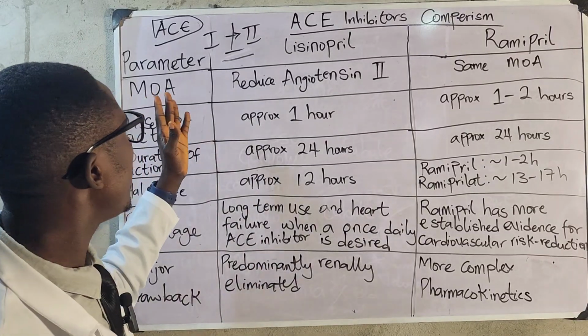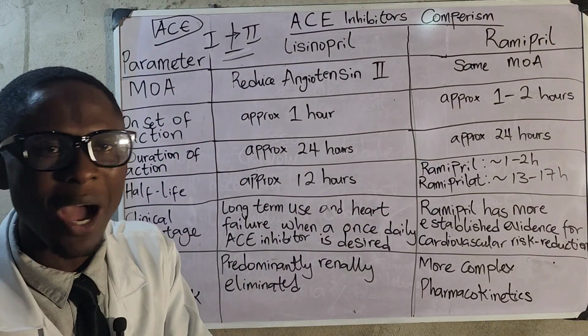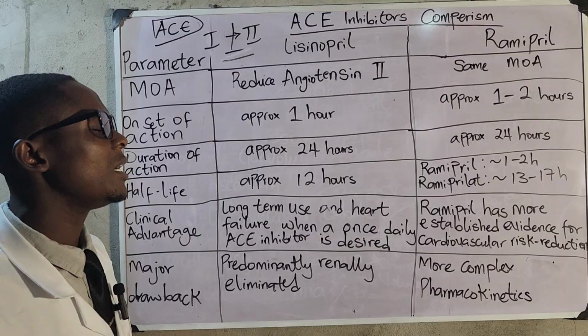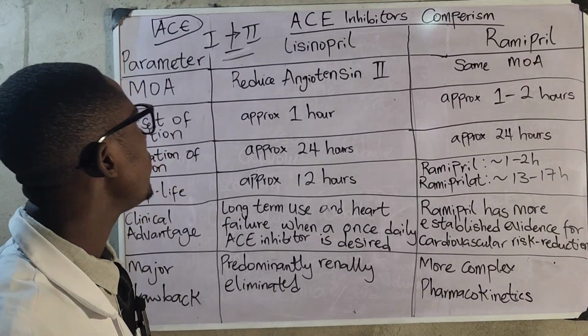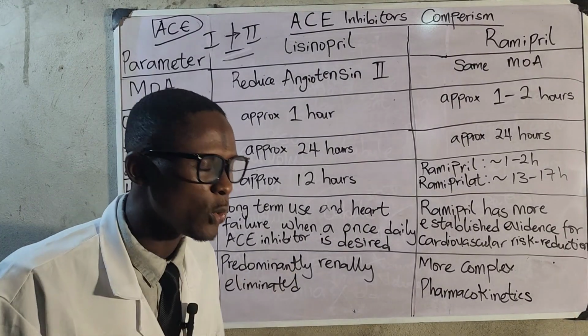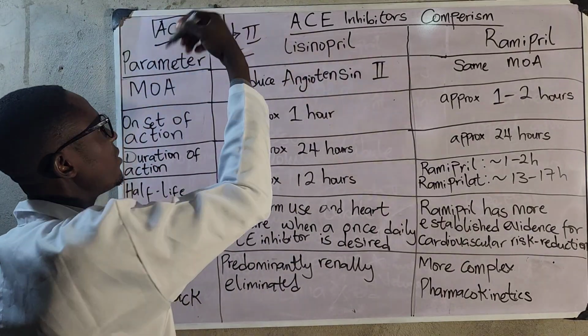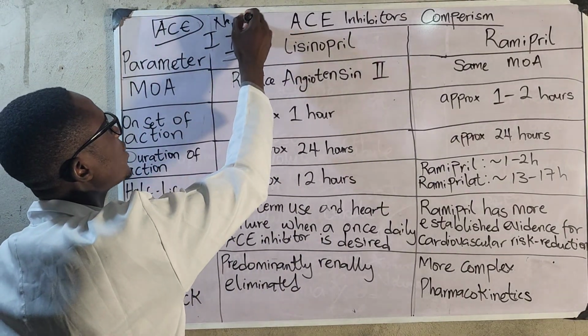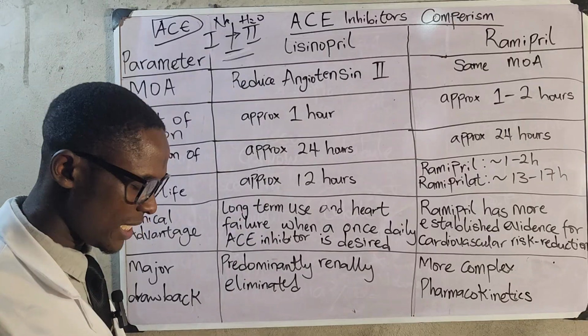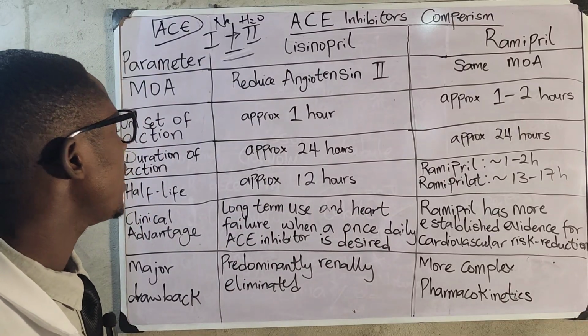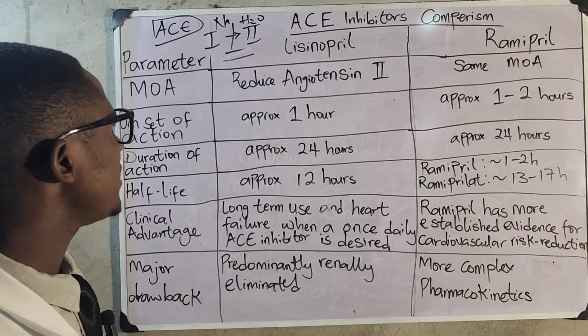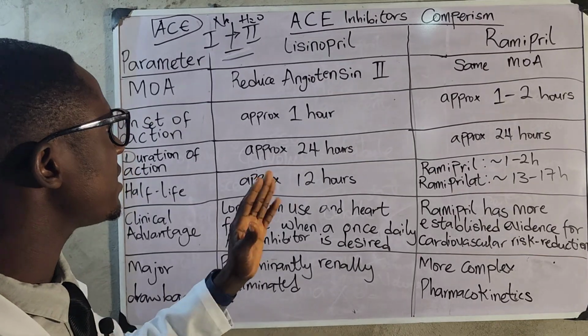Also, aldosterone will not be released. So this will lead to the removal of sodium and water from the body through the kidney as urine. That's their mechanism of action. They have similar mechanism of action.